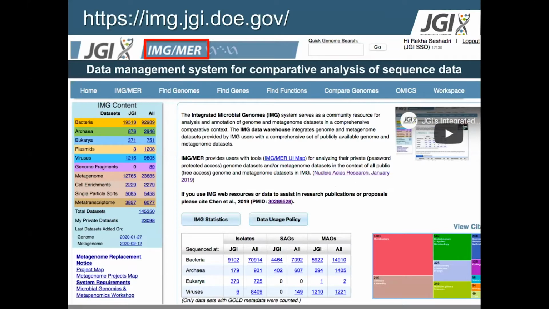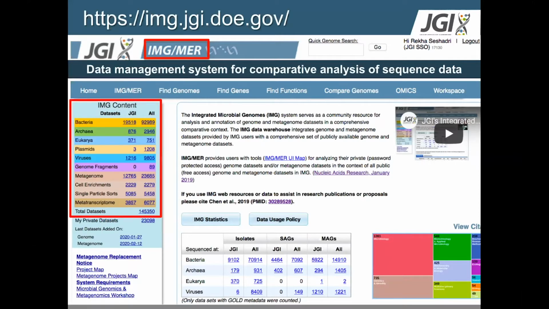So basically, all of this JGI generated data does end up in IMG. We have a dedicated assembly team, because we are a high throughput, high production type environment. We have hundreds and thousands of samples that need to be assembled and annotated. And all of those data get assembled and then annotated through the IMG annotation pipeline.